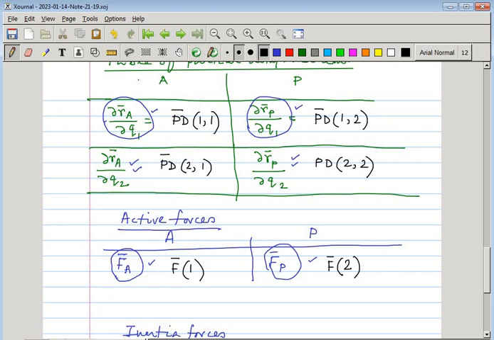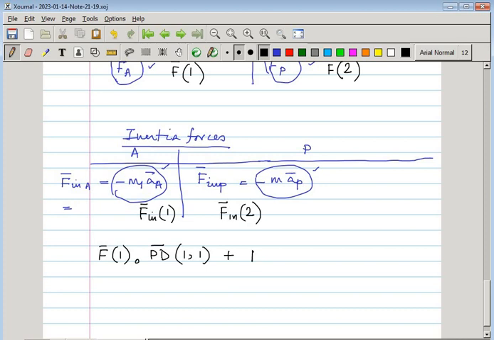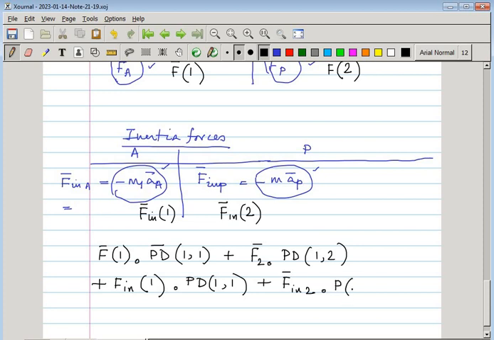These are all vectors. So PD 1 1 F1 plus PD 1 2 F2 plus PD 1 1 F in 1 plus PD 1 2 F in 2 equal to 0. So this is equation 1.